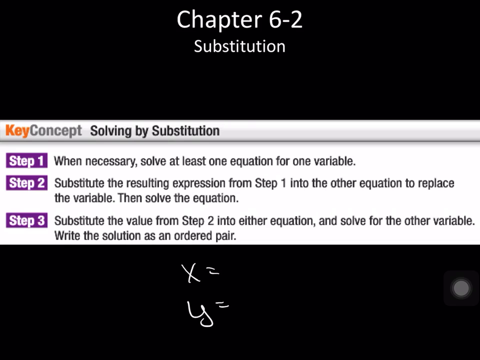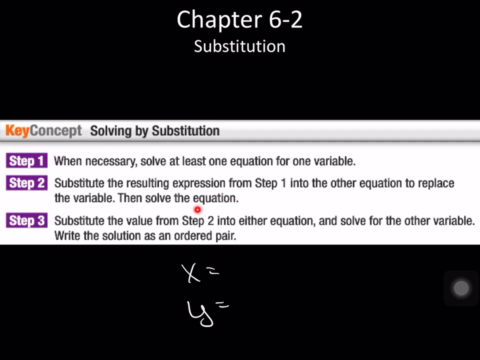Okay, so if I have to do step one, that's what I'm trying to do. I'm trying to get x or y by themselves. Then I'm going to take that result, x equals or y equals, and I'm going to substitute into the other equation. That's where substitution comes from. We're going to substitute x equals or y equals into the other equation, and then we're going to solve the equation.